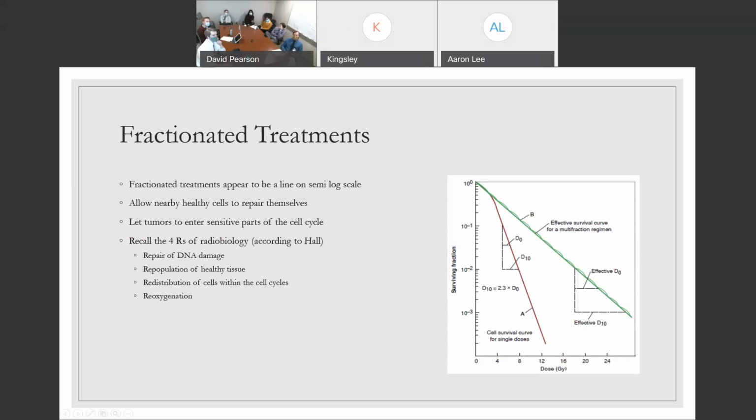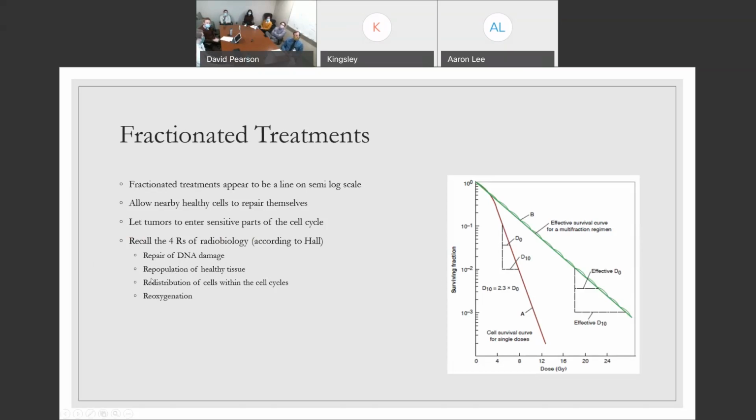With a fractionated treatment, your healthy cells have time to repair DNA damage, and their DNA repair mechanisms function more properly than in the cancer cells. That's a net benefit to the person. Repopulation of healthy tissue: nearby healthy tissues, if any cells were damaged, can divide and hopefully replace them.